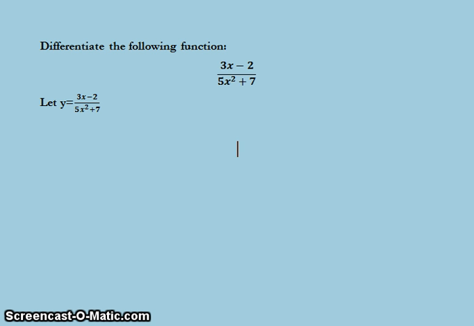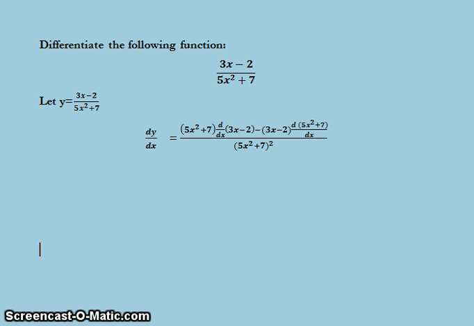Let us consider y equal to (3x - 2) divided by (5x^2 + 7), which is to be differentiated with respect to x, and thus we have dy by dx equal to (5x^2 + 7) into differentiation of (3x - 2) with respect to x minus (3x - 2) into differentiation of (5x^2 + 7) with respect to x, whole divided by (5x^2 + 7) whole square. Now this value has been obtained by use of the quotient rule that we have discussed in this lecture.